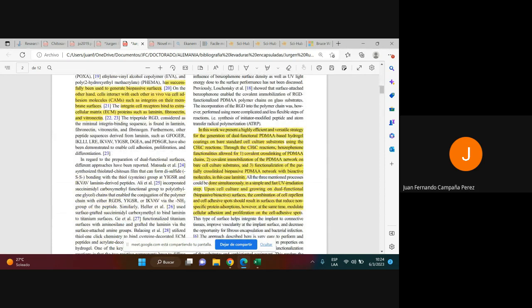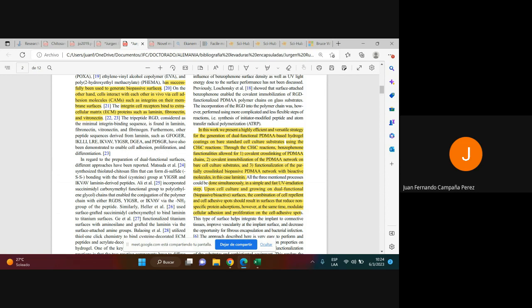In this work, they present a highly efficient and versatile strategy for the generation of dual functional PDMAA-based hydrogel coatings on bare standard cell culture substrates using CH insertion reactions.